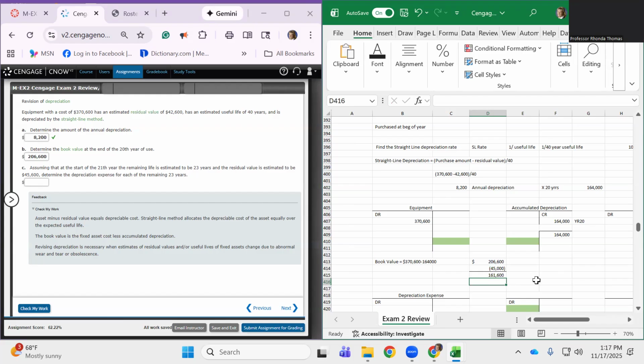23 years is the new projection. So this is the new, revised residual value. And then the new revised life, remaining life, is 23 years.